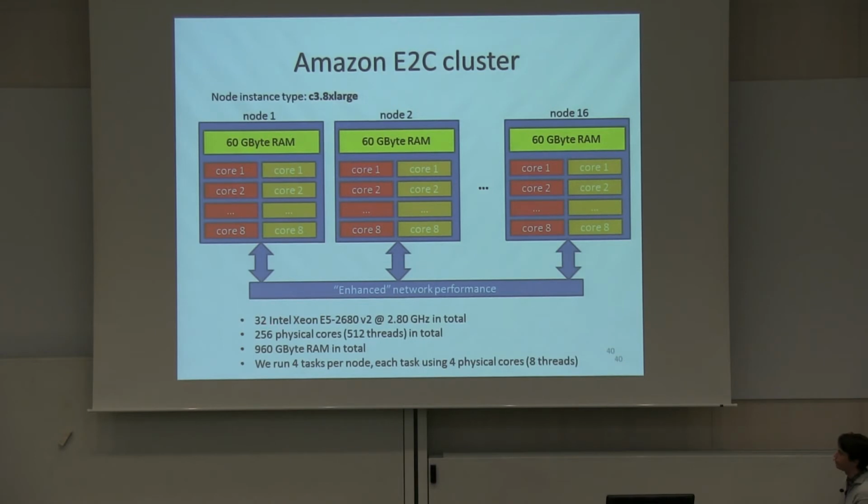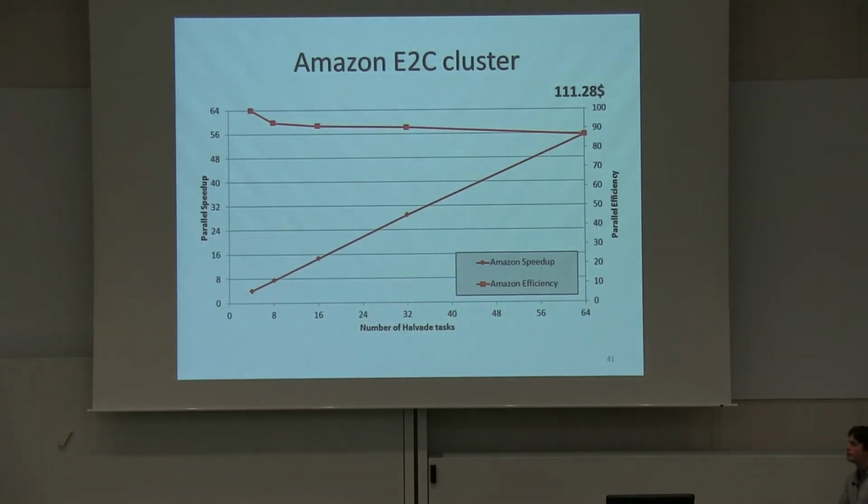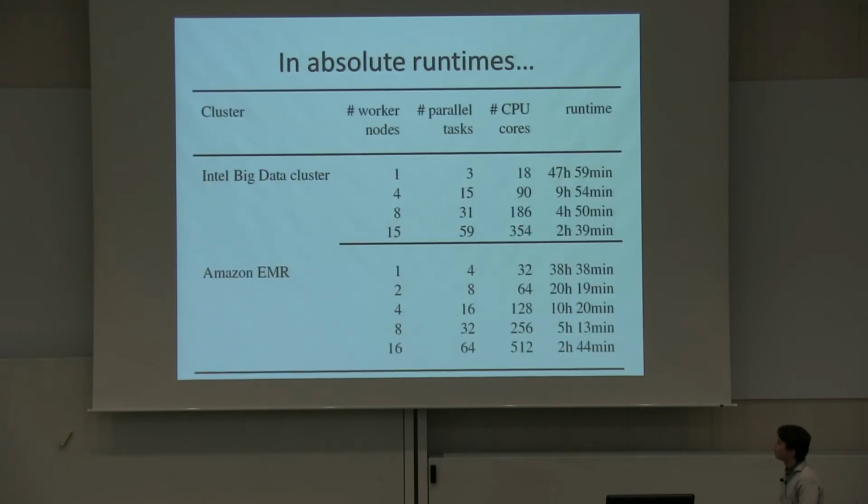In total, we have 256 physical cores, about the same amount of RAM, and we again run 4 tasks per node. We get a very similar speed up curve and parallel efficiency curve on Amazon, so it's also about 90% efficiency.